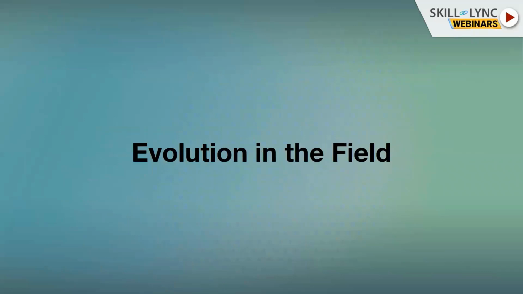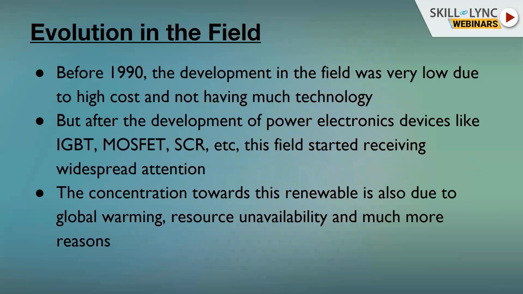And let us see the evolution in this field. In the year 1990, power electronics like IGBT, MOSFET or SCRs was slowly developed. After 1990, the speed of renewable energy systems increased fast in developed countries, but in developing countries they are only now booming.